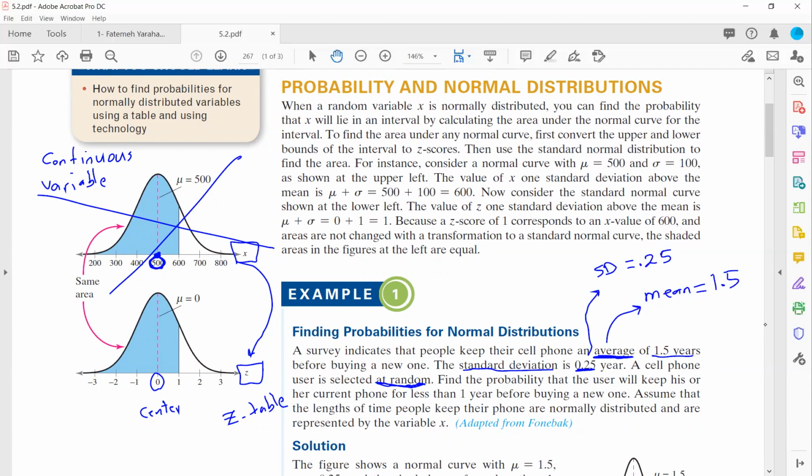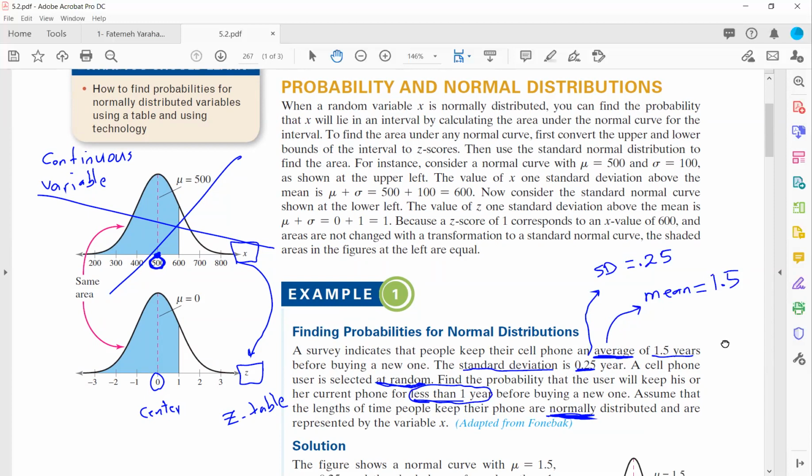Find the probability that the user will keep his or her current phone for less than 1 year before buying a new phone. Assume that the lengths of time people keep their phone are normally distributed. So this line assures us the graph is bell-shaped.